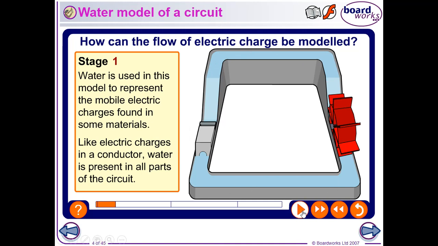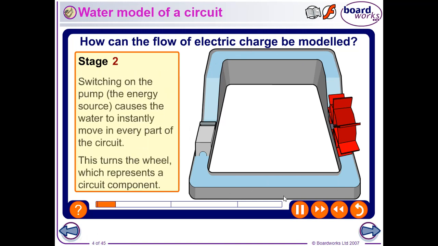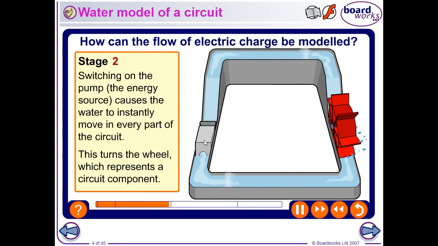Here, this part, the pump, is what pushes the water or the charge around the circuit, and the wheel is like a component. A wheel is something that is doing something, like a bulb in the circuit. So the energy is given to the water here in the pump, and it's being used to turn the wheel there.